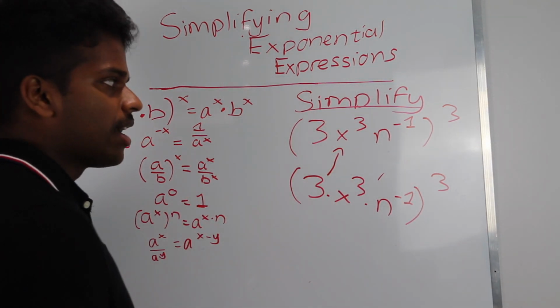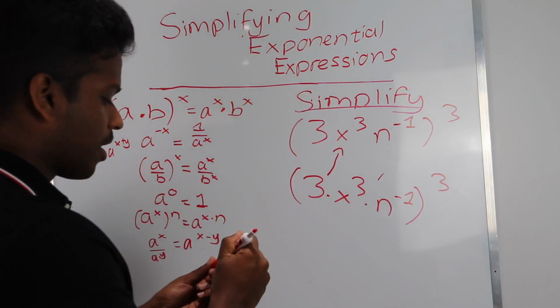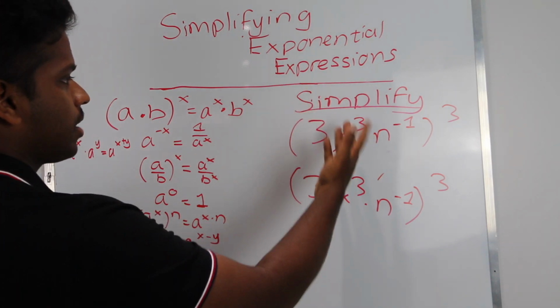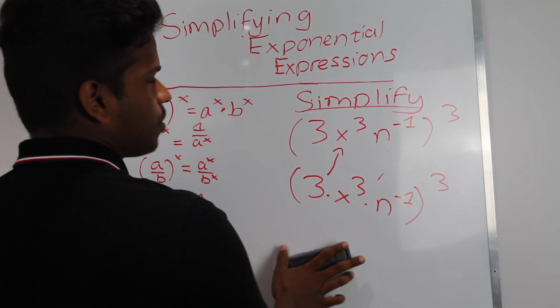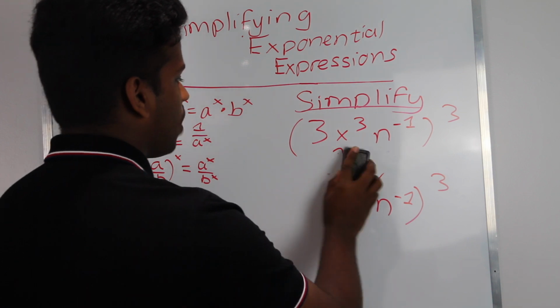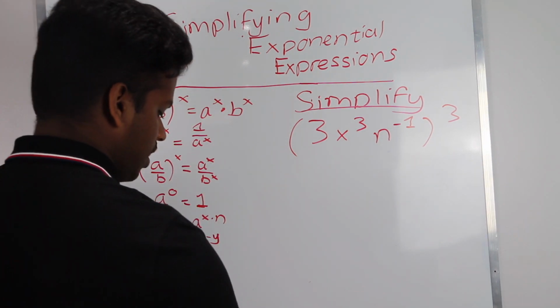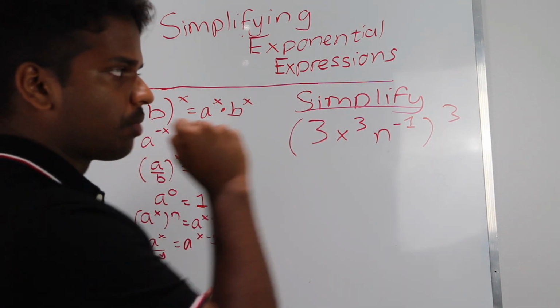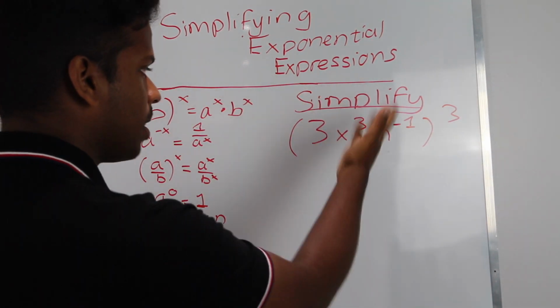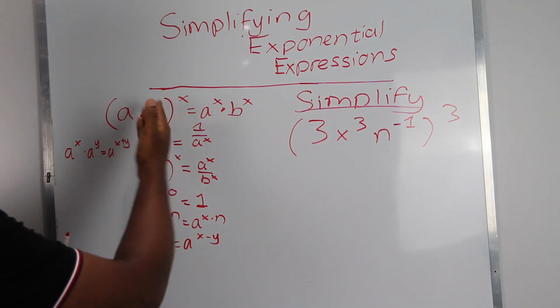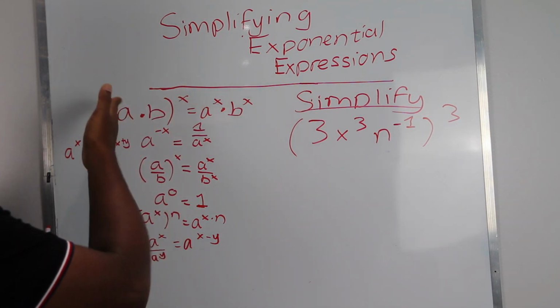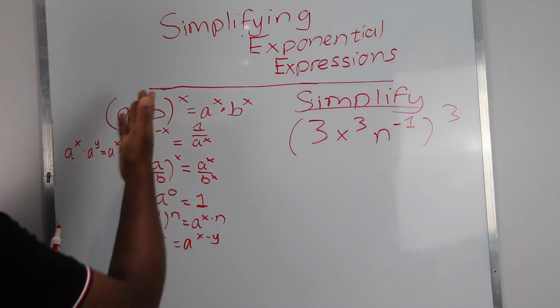So what are we doing? We are taking the power of a product, or a product raised to a power, which reminds us of one rule. It's all about looking at it and identifying which rule we can apply here. Our first rule is the power of a product rule.